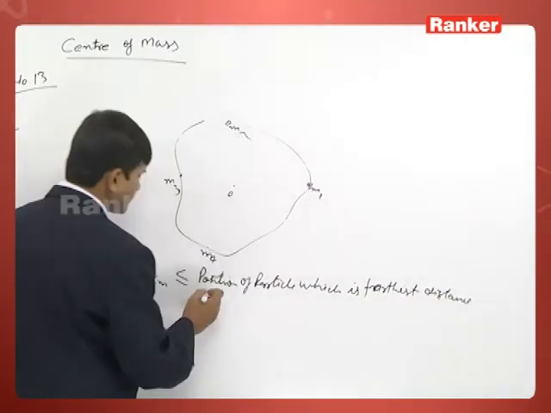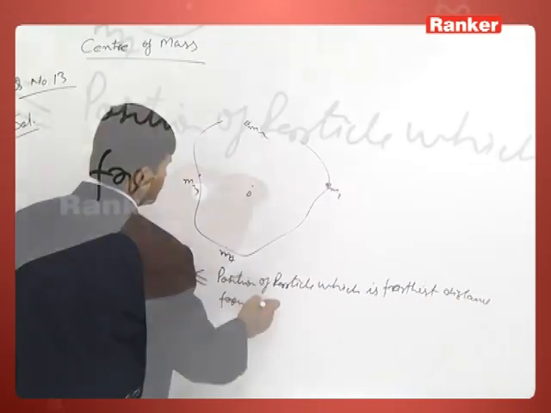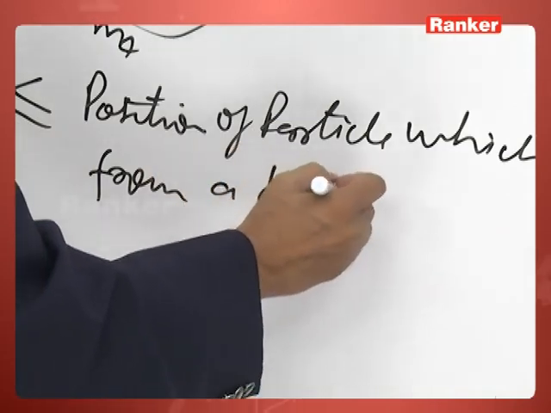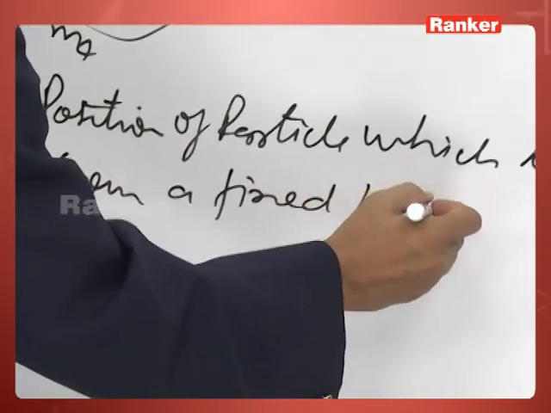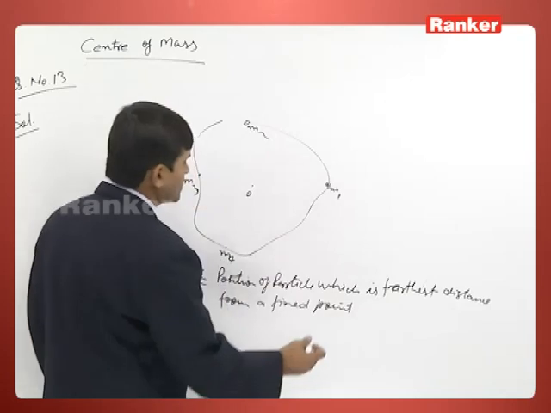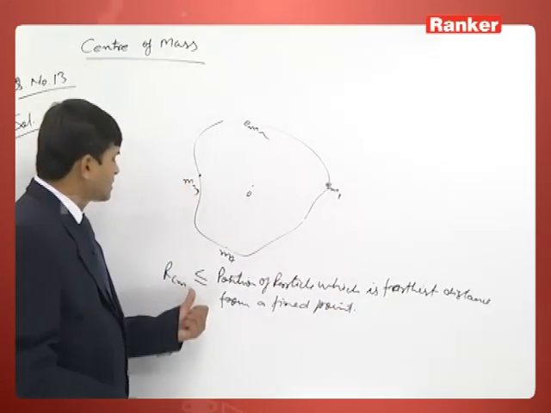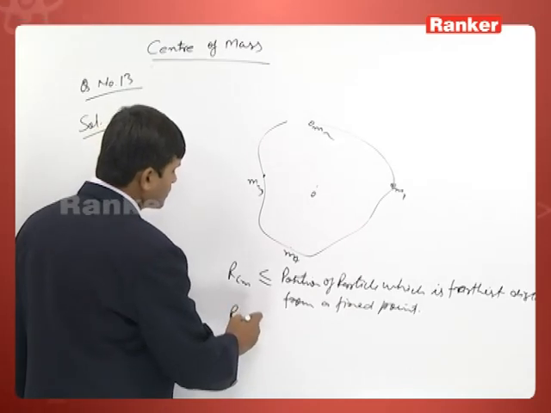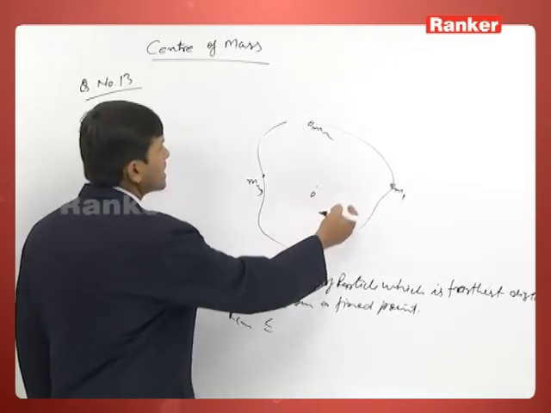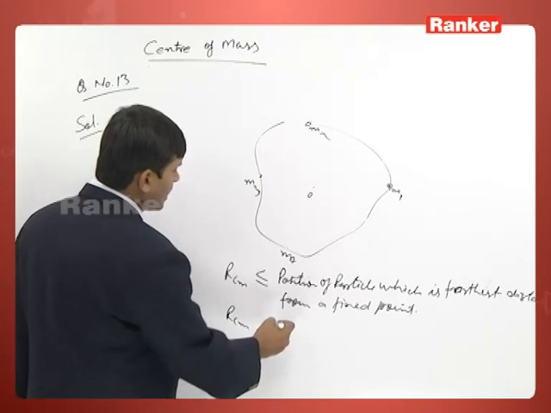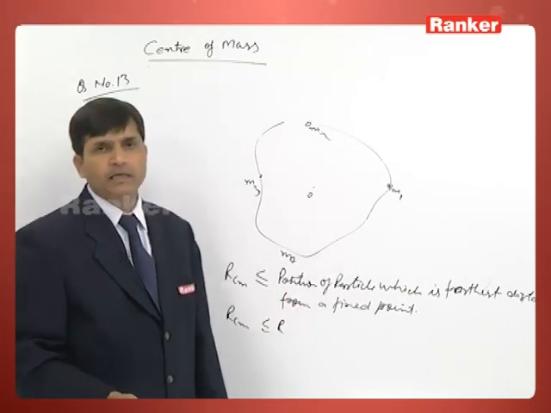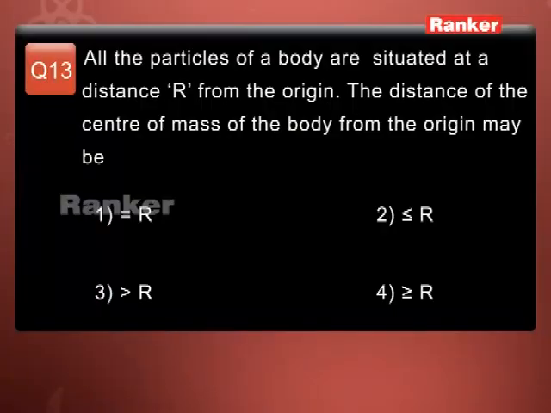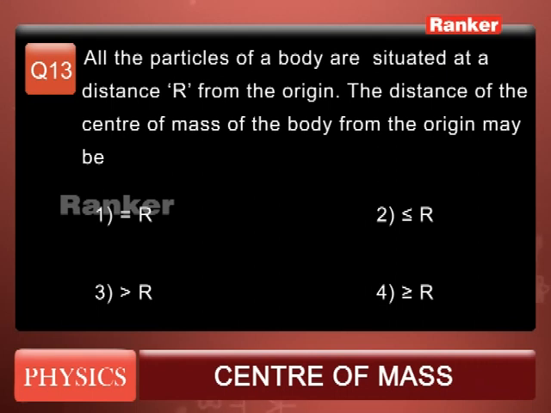According to the question, all particles are at maximum distance R, so R_CM is always less than or equal to R. So the correct option is option number 2.